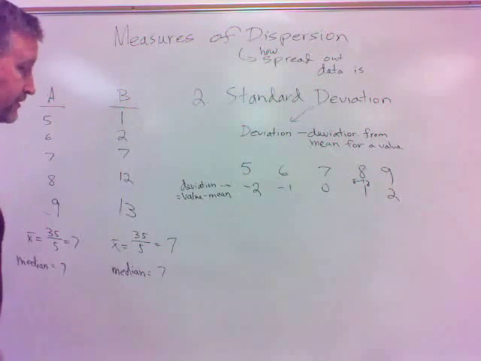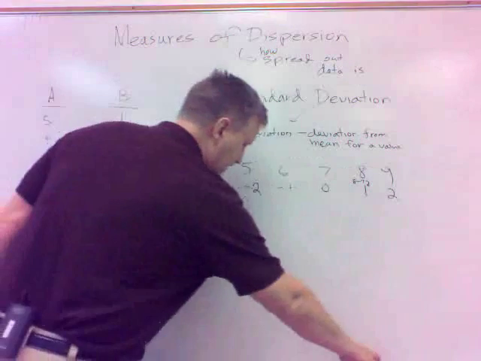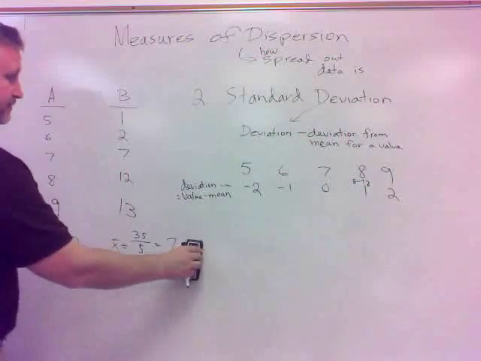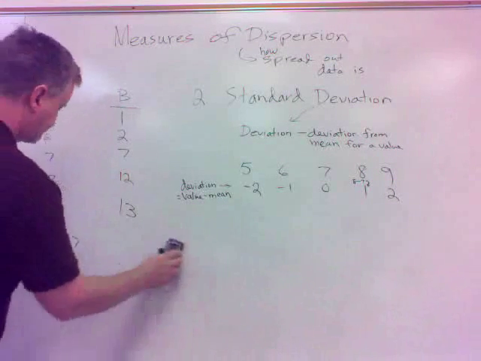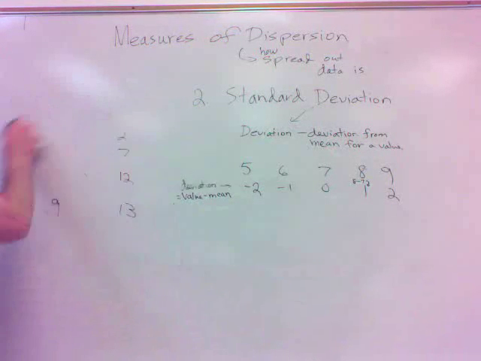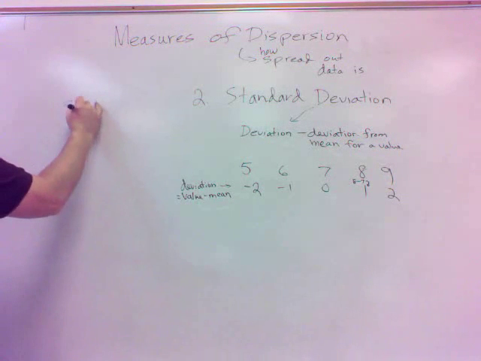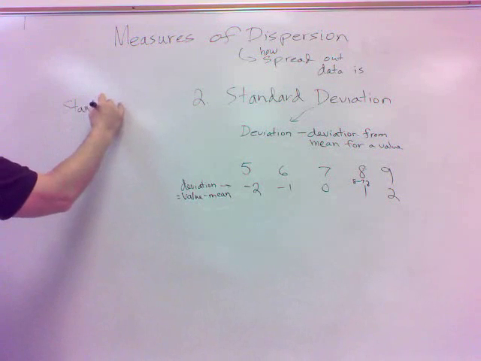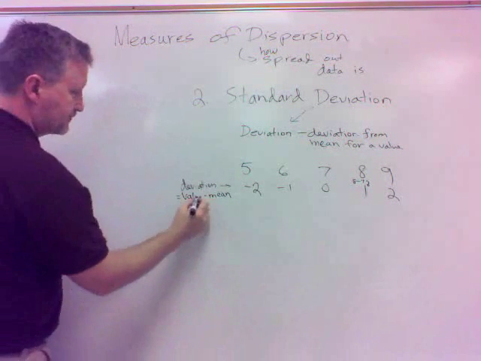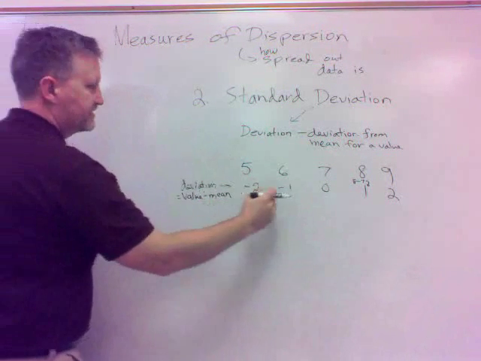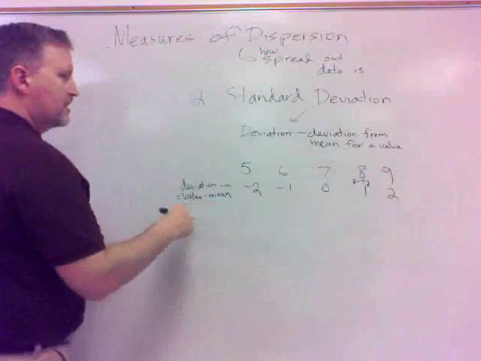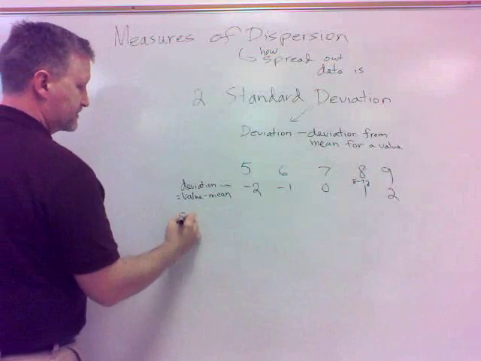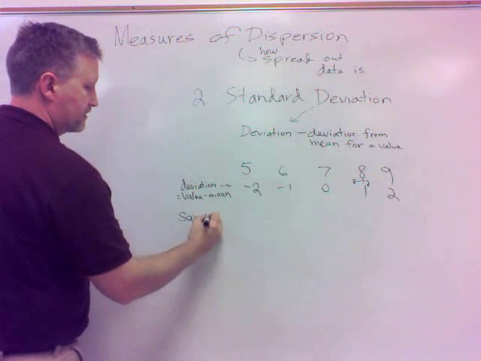But here's what we're going to do to get around that, to compute the standard deviation. The negatives cancel out the positives, so one way I can get rid of the negatives is to square the deviations.